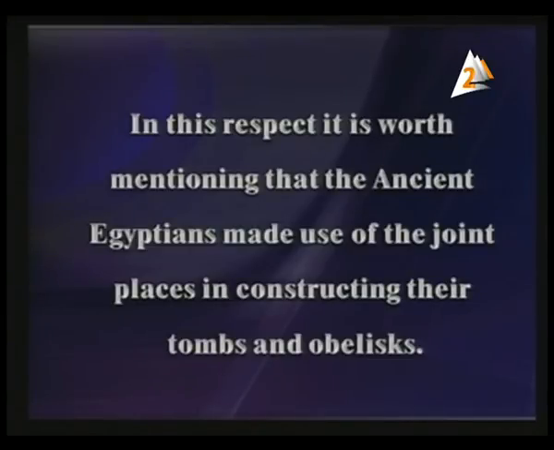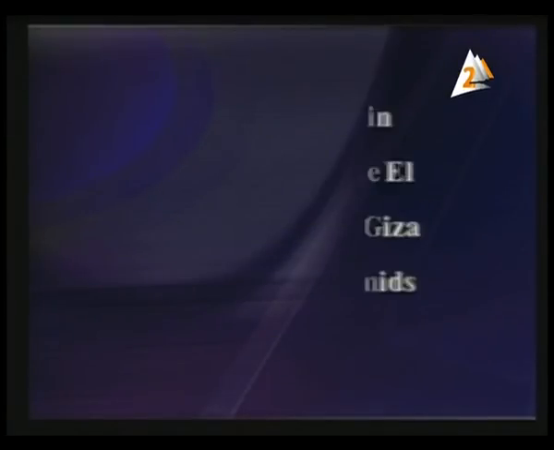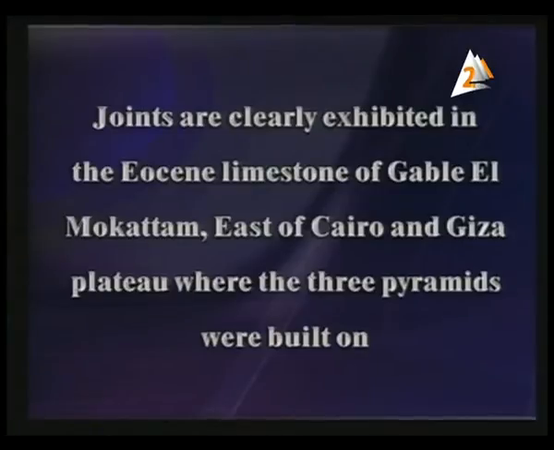In this respect, it is worth mentioning that the ancient Egyptians made use of the joints' places in constructing their tombs and obelisks. It's a very good point to mention that joints are clearly exhibited in the Eocene limestone of Jabal al-Muqattam, east of Cairo, and the Giza Plateau, where the pyramids were built.